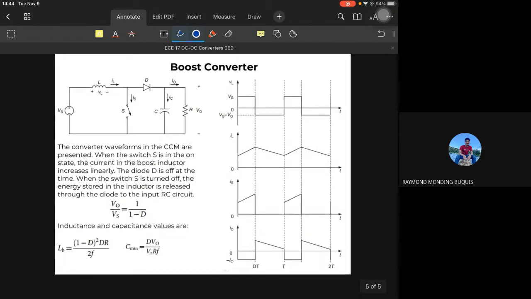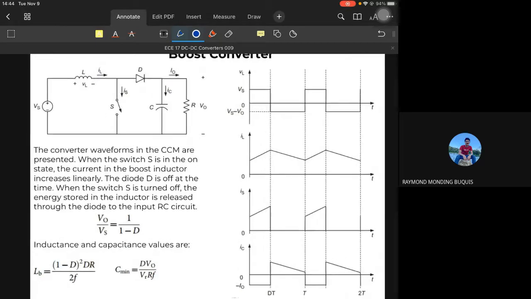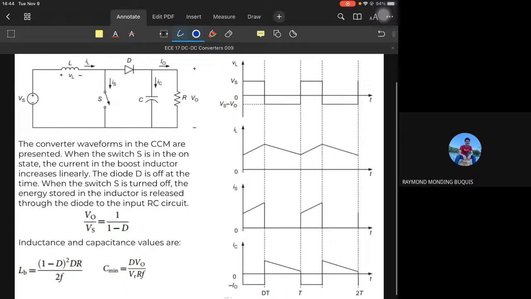So the boost converter here operates almost the same as the buck converter. If we understand buck converters, it is not difficult to understand boost converters.